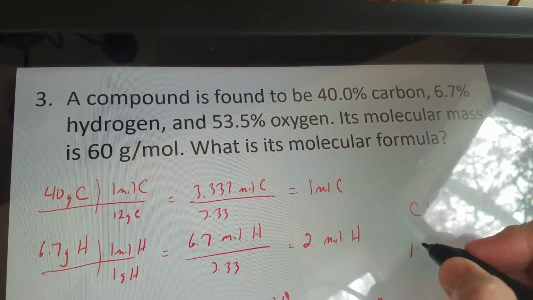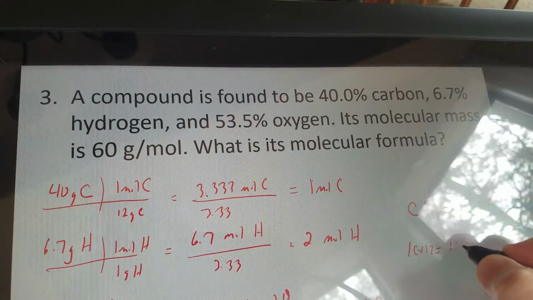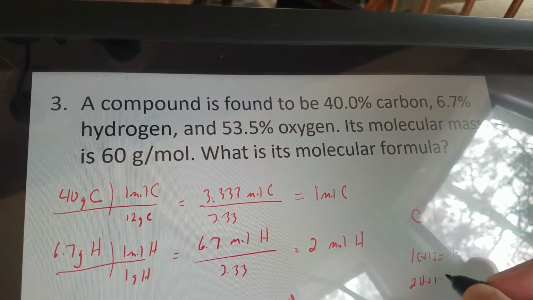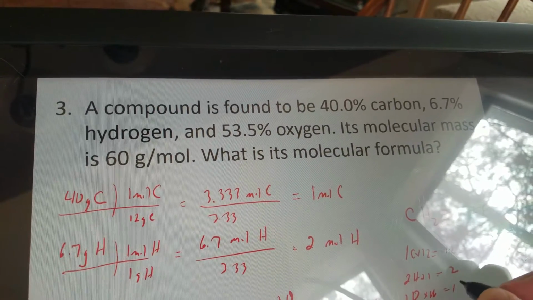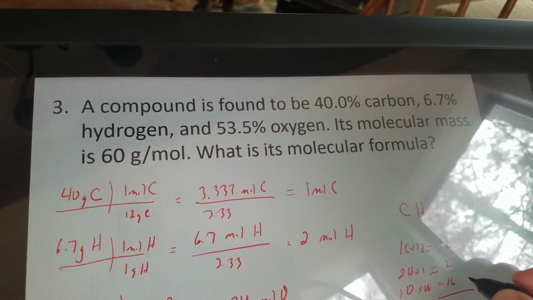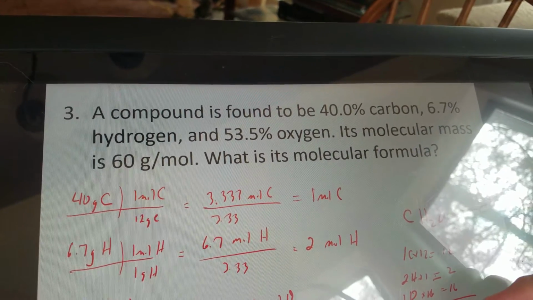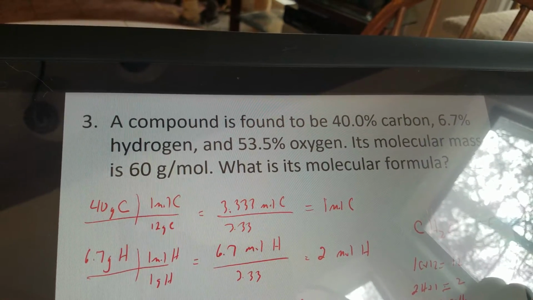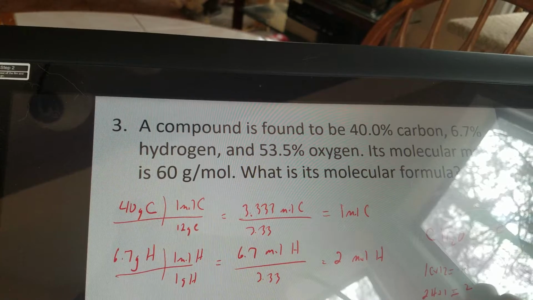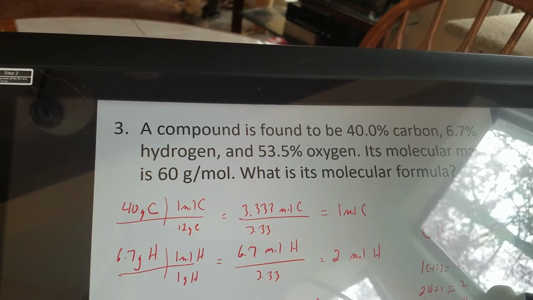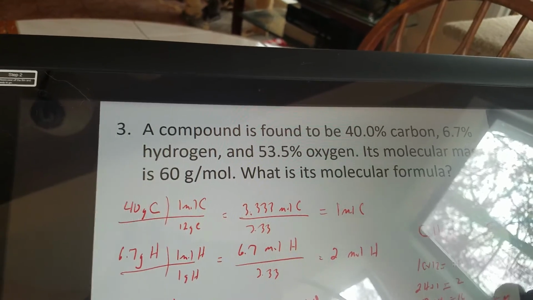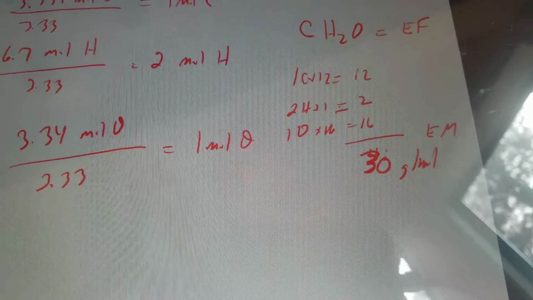So I have 1 carbon times 12, 2 hydrogens times 1, 1 oxygen times 16, which would be 30, if I did that right. So that will be the empirical mass of my empirical formula.